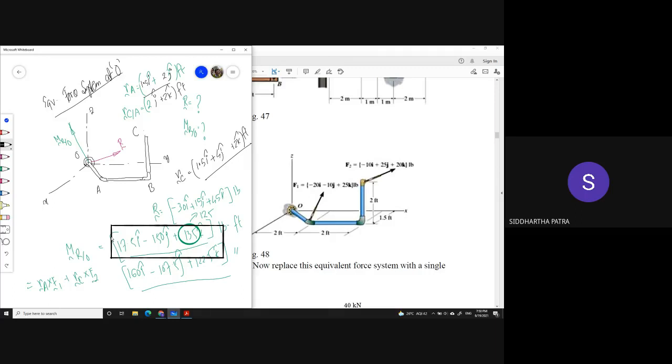So take a dot product and check whether the two quantities are orthogonal to one another. Are they coming out to be orthogonal?